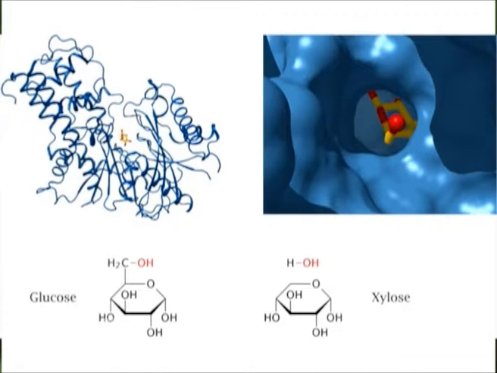Enzyme changes shape by induced fit upon substrate binding to form the enzyme-substrate complex. Hexokinase has a large induced fit motion that closes over the substrate adenosine triphosphate and xylose.